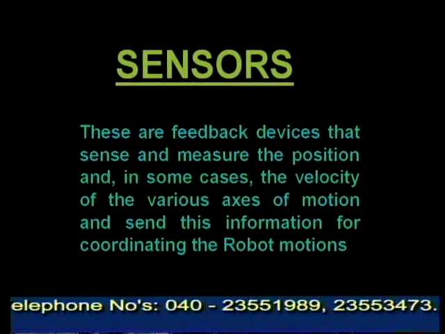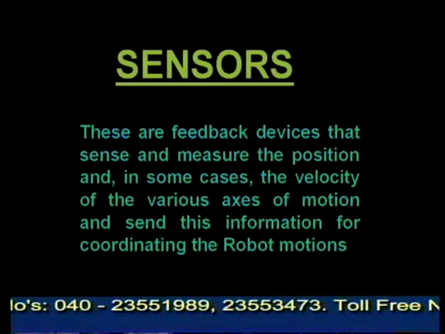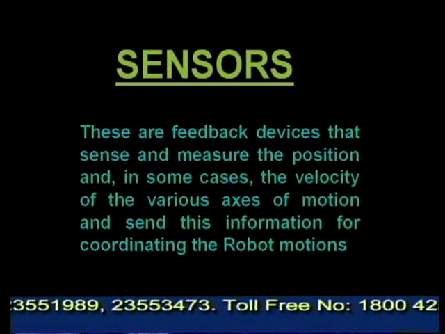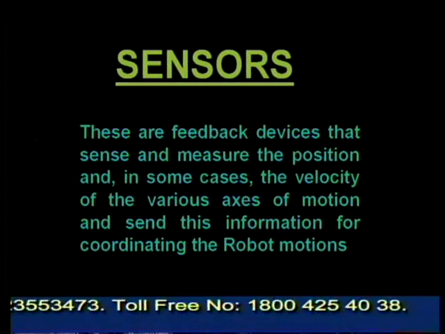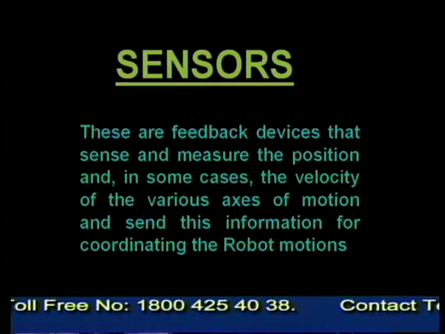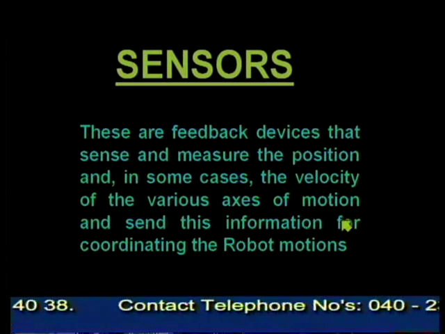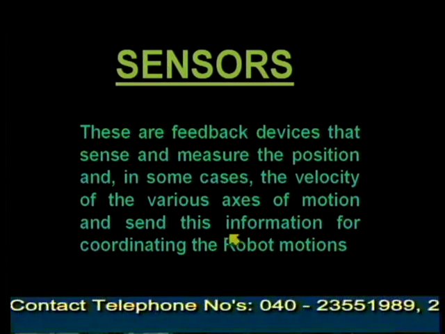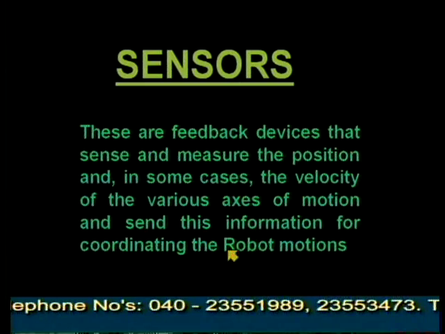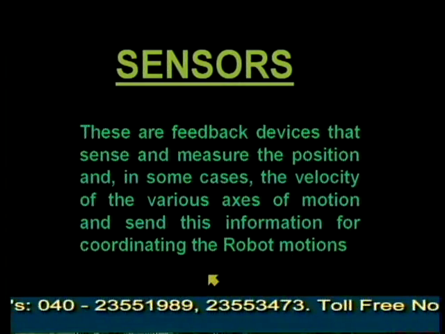Next, let us see the sensors. These are the feedback devices that sense and measure the position and in some cases the velocity of the various axes of motion and send this information for coordinating the robot motions.